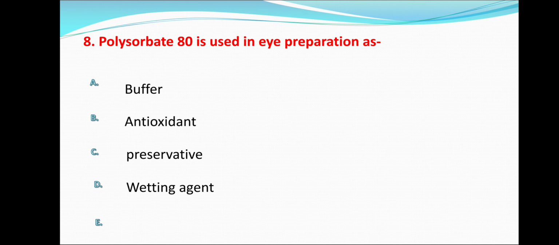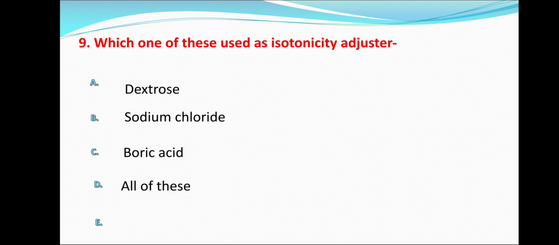Polysorbate 80, that is Tween 80, is used in eye preparations as buffer, antioxidant, preservative, wetting agent. Polysorbate 80, that is Tween 80, is a wetting agent. So option D is the correct answer for question number 8.